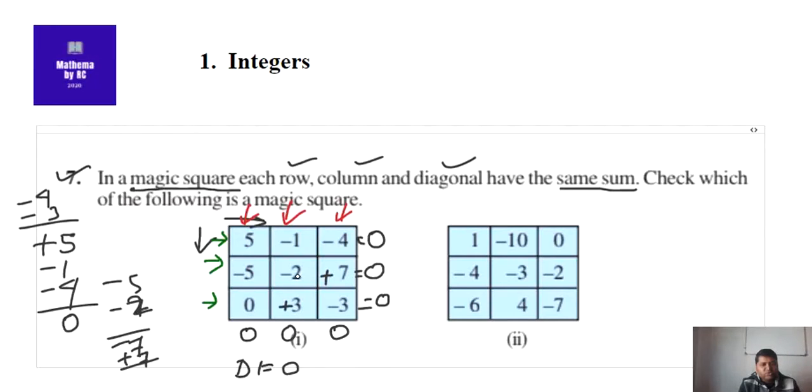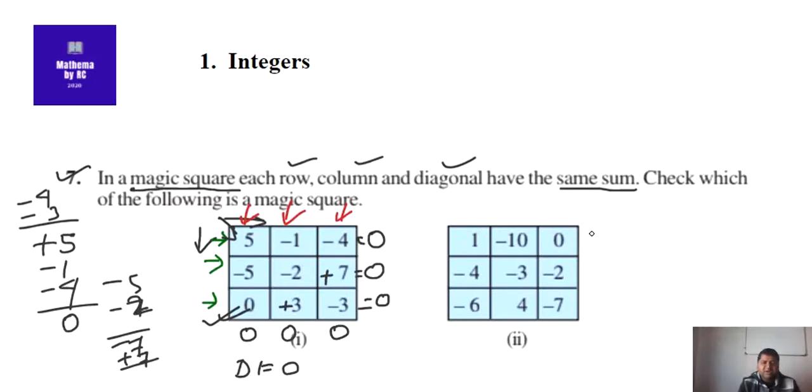Therefore in this magic square, all are 0.